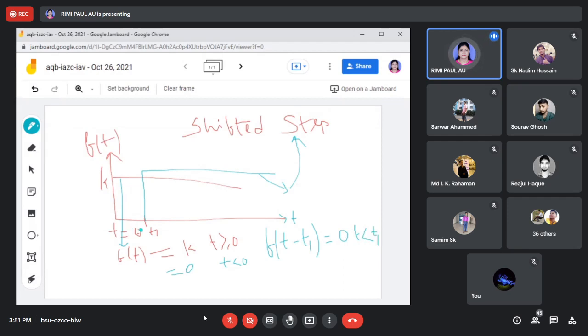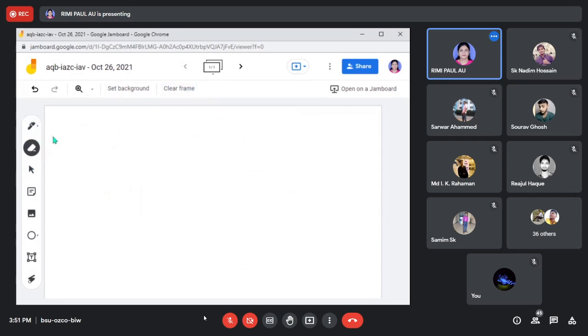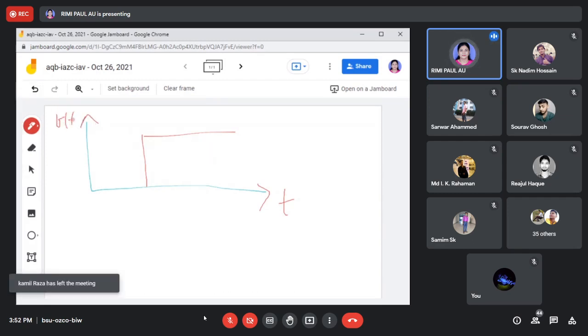So I can see that the signal is started from t1. This is the f(t) signal. But this signal is now shifted and is started from t1 time.